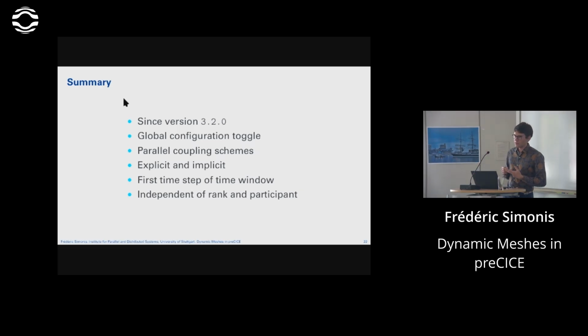These can be explicit and implicit. Some further simplifications are that this currently only works for the very first time step in a time window. So essentially you need to make up your mind at the very start of your time window if you want to remesh or not. It also makes sense from a fixed point iteration point of view. And this is independent of rank and participant, as I mentioned before.